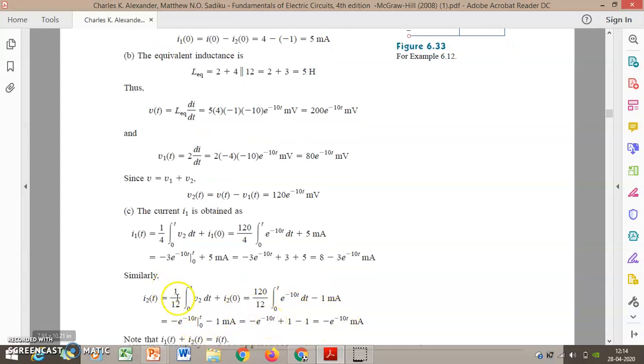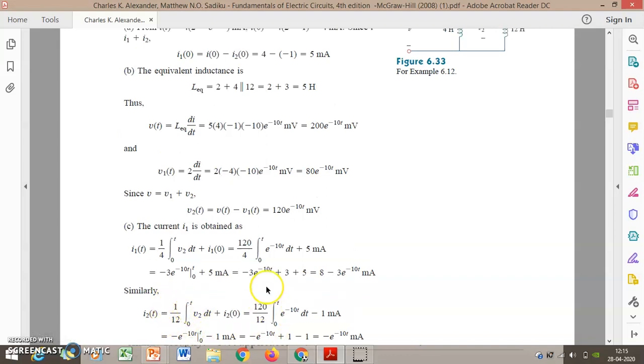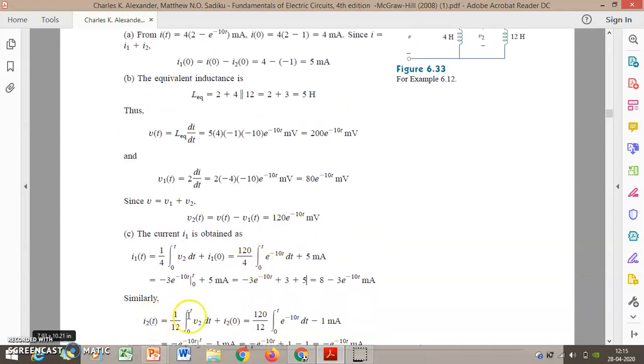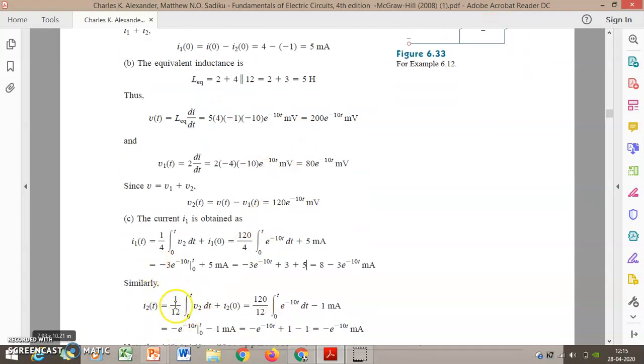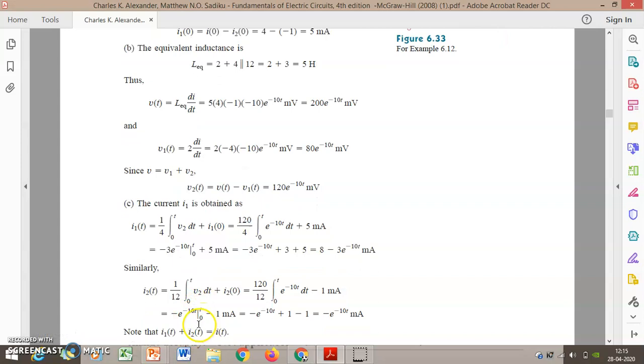something like this. Here 1 by L, what is this? I2 of t. So I2 is flowing here, so 12 Henry should be substituted. Afterwards 120 by 12 will become 10, and e power minus 10t when you integrate will become e power minus 10t divided by minus 10.